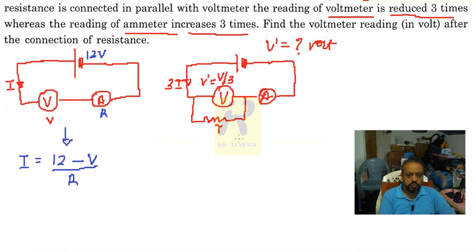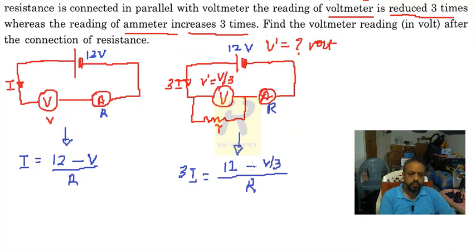And later for this situation, what can I write? The current is 3I, which is equal to, the resistance of the ammeter we never changed, so it is written in the denominator, and here it is 12 volt, which is the EMF of the battery, minus the new voltmeter reading, which is V by 3.